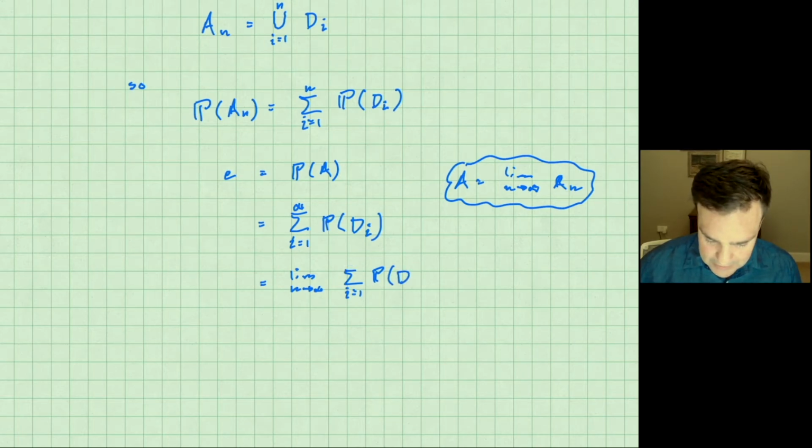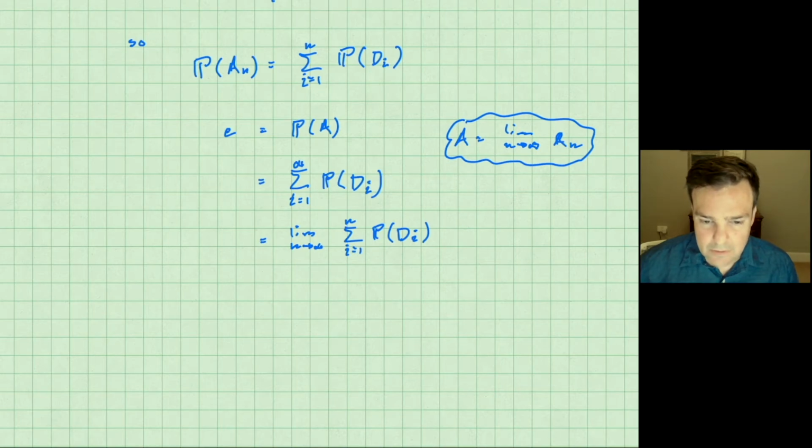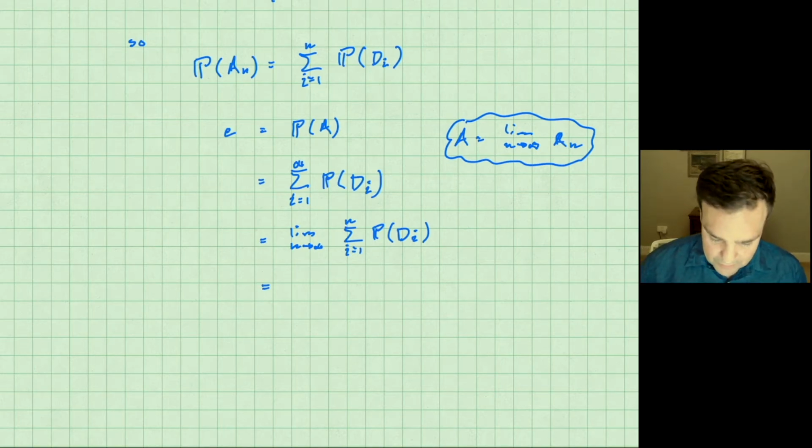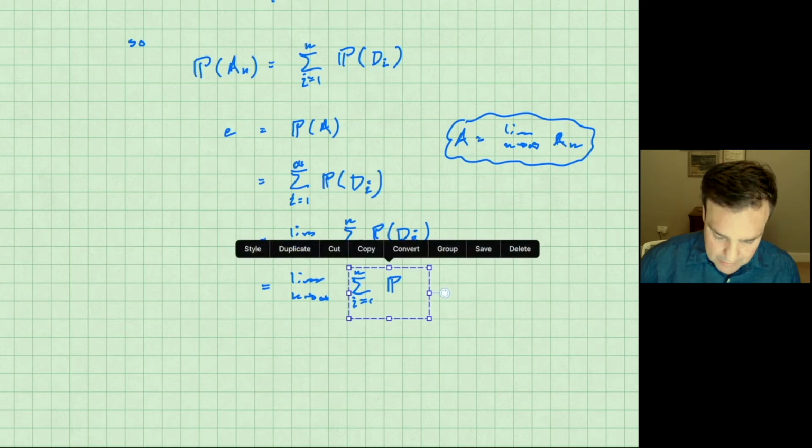Oops, so that should be an n. And so this is the limit as n going to infinity of these sums, i equaling 1 to n of the probability. Or sorry, boy, I'm rushing a bit. Let's take this out.